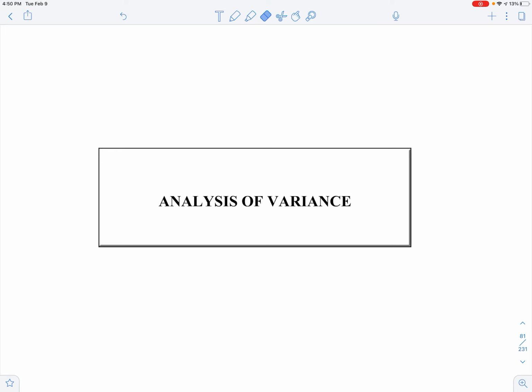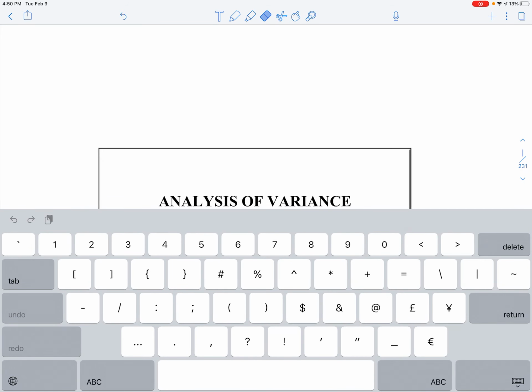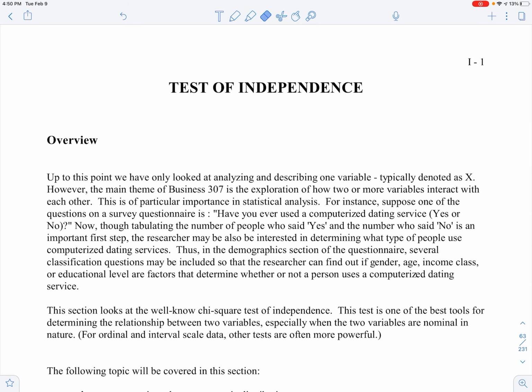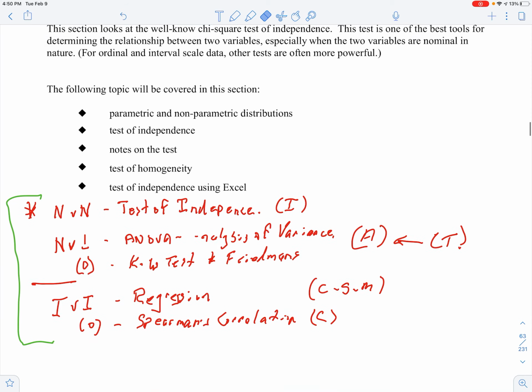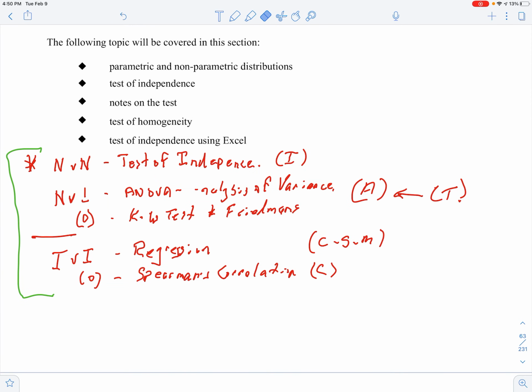I want to go back here just a few pages to the beginning of Unit I, and I showed you with the test of independence, right at the bottom here, I was talking about the types of variables that we have. So there's nominal variables, there's ordinal variables, and there's interval variables. And in 307, we're looking at how they interact with each other, and in particular, how they vary with each other.